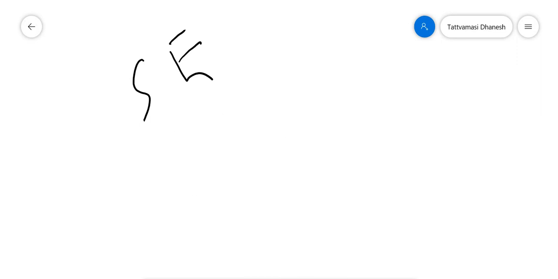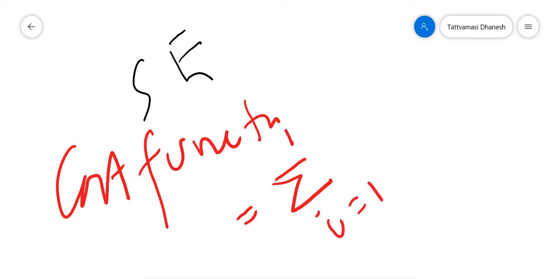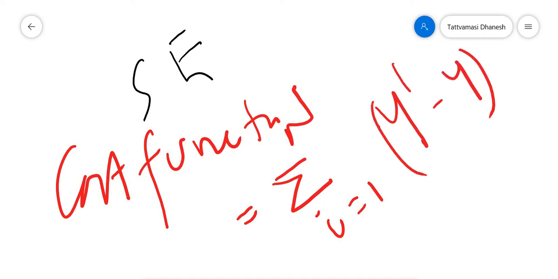So I can write the cost function as: cost function is equal to sigma i equals 1 to n of (y dash minus y) the whole square. See, y dash is the predicted value, y is the actual value. This is the squared error. When you go for the mean squared error, you will divide it by n as well.